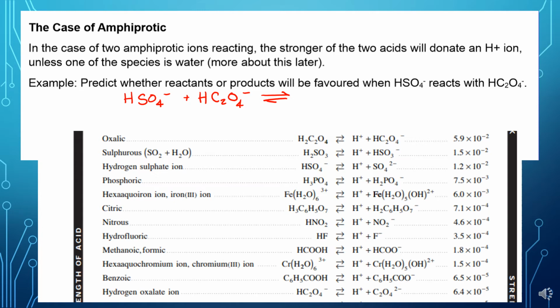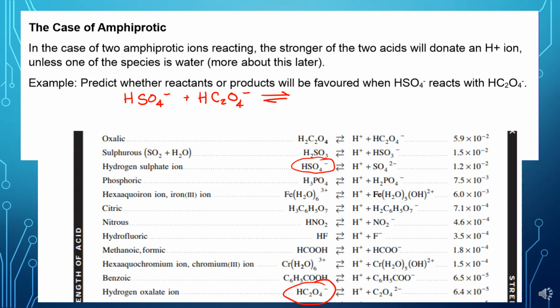So before I even get started with figuring out whether the products or the reactants are favored, I actually have to figure out what my full reaction is going to be. So here I'm going to identify hydrogen sulfate ion, and I am going to identify the hydrogen oxalate ion on that chart. You can see that this hydrogen sulfate ion is stronger.